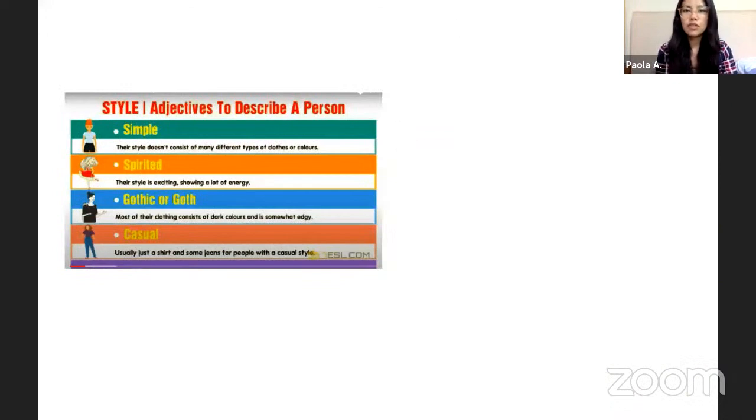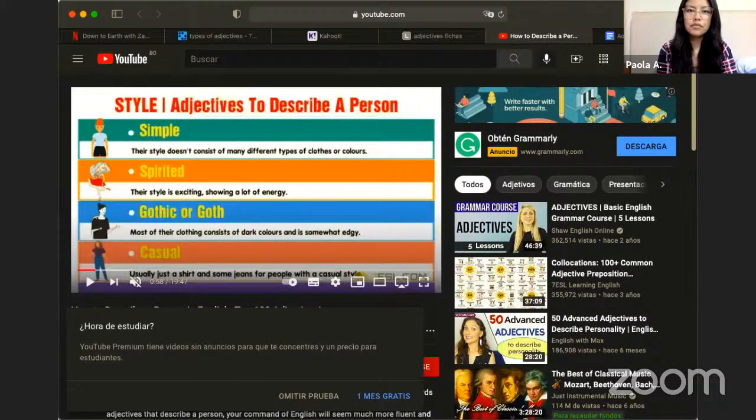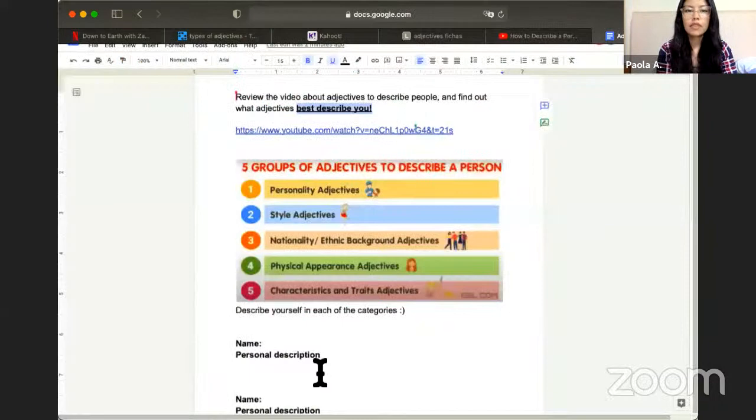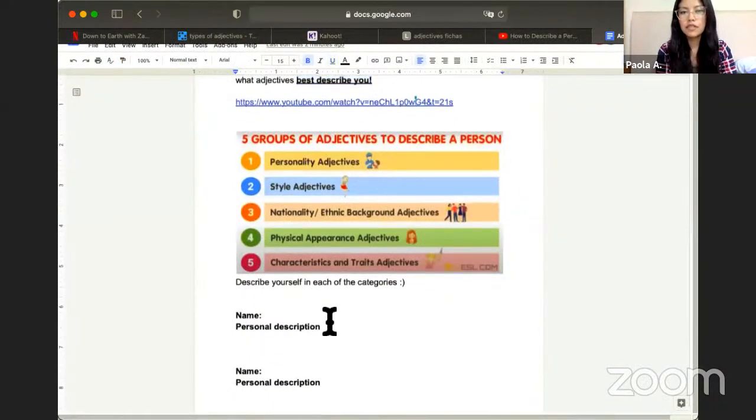And you're going to go to the doc and then you're going to describe yourself. So for instance, maybe Fabiana will be first. And then Rodrigo, you write your name here. You're going to describe yourself.